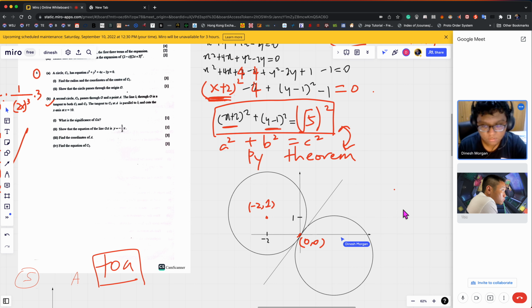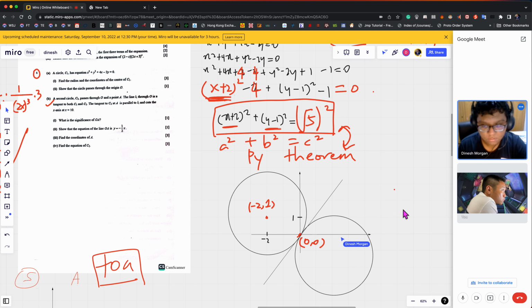Equation of the line OA is y = negative half of x. Did they give the equation of the line? I think you can use this one also. Actually, this gradient is the same gradient throughout. Okay, so the gradient for that one is 1 minus 0, minus half, yeah. Okay, good.